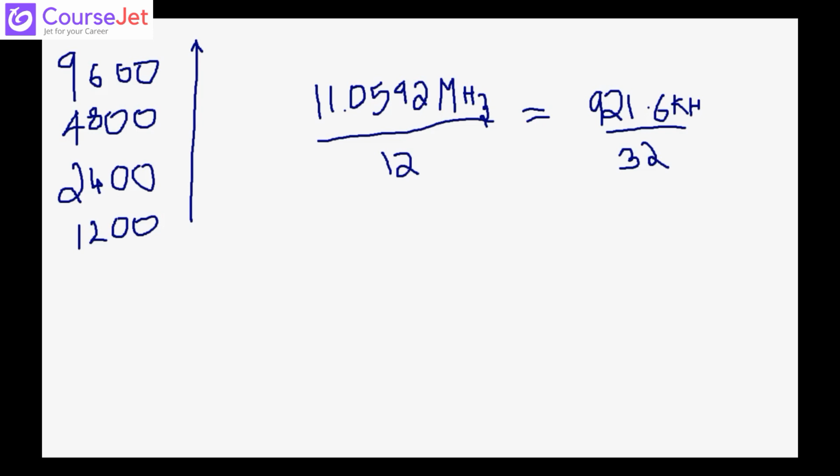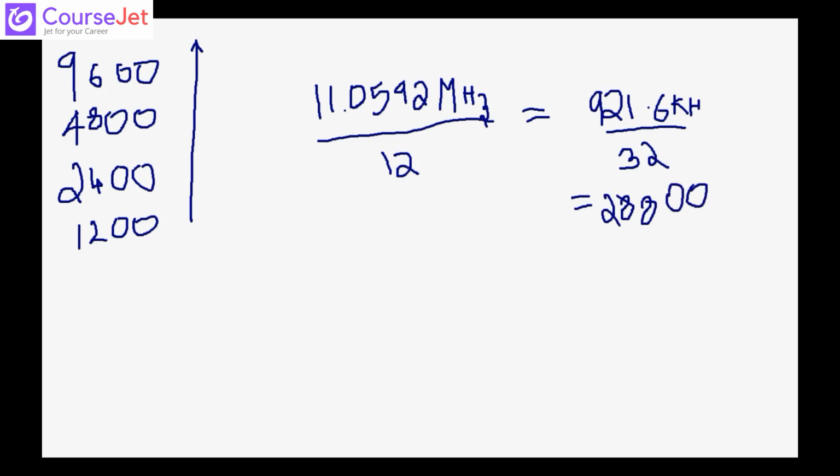You will have to divide it by 32, then you will get 28,800. When you get this 28,800, you get this baud rate.